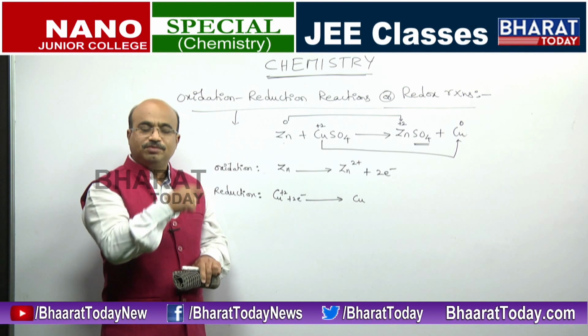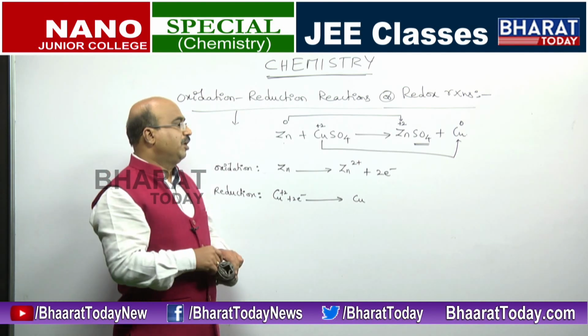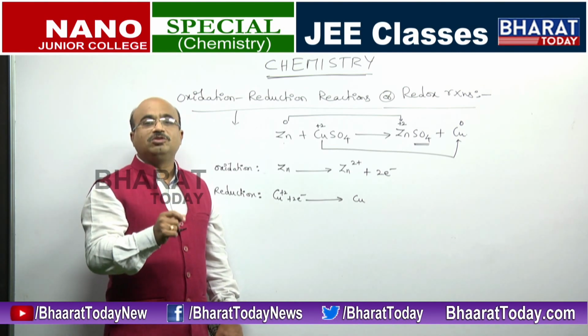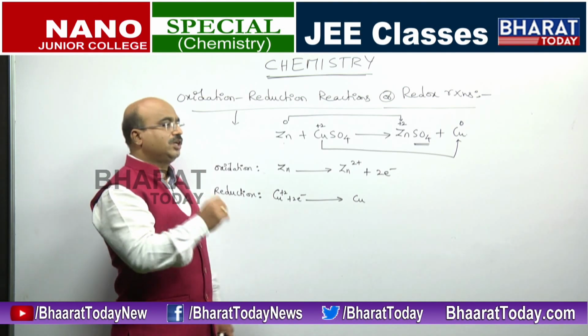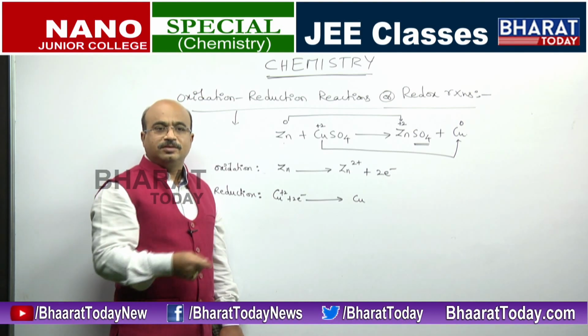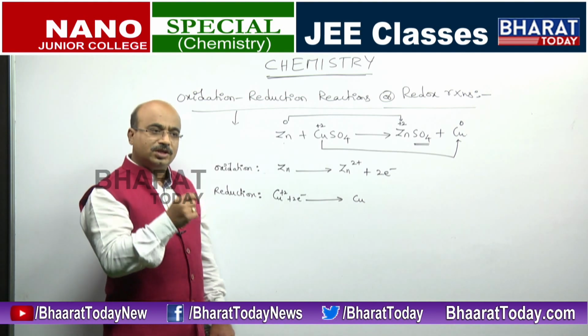If you observe this electron concept, if a reduction reaction is there in a chemical reaction, there must be oxidation. Any reduction reaction also involves an oxidation reaction, and any oxidation reaction also involves a reduction reaction.